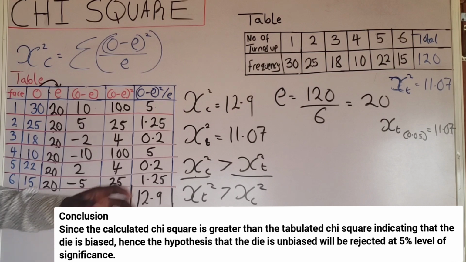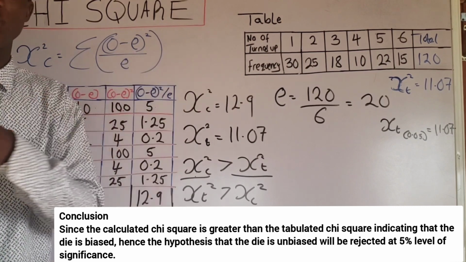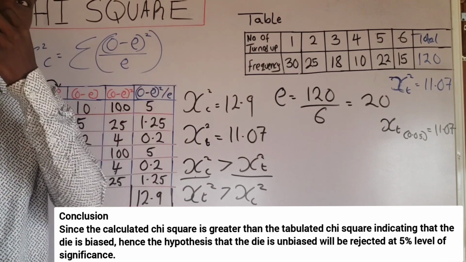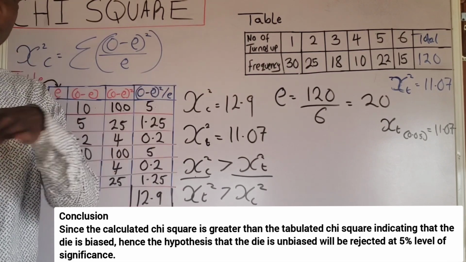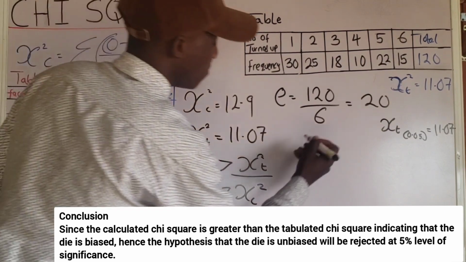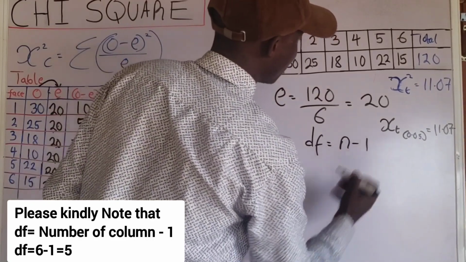Because we are not dealing with a contingency table, which we learned about in our previous class, you can check the description of this video to watch the previous classes. The degree of freedom for this chi-square is n minus 1.